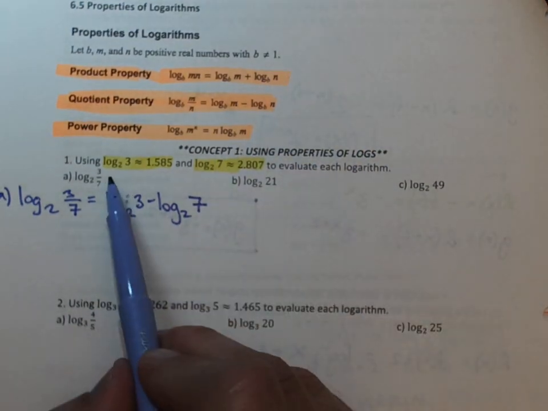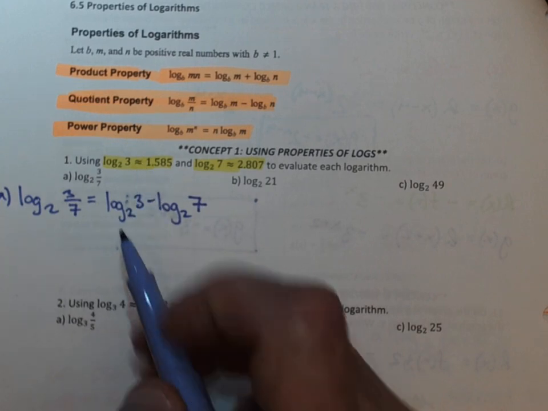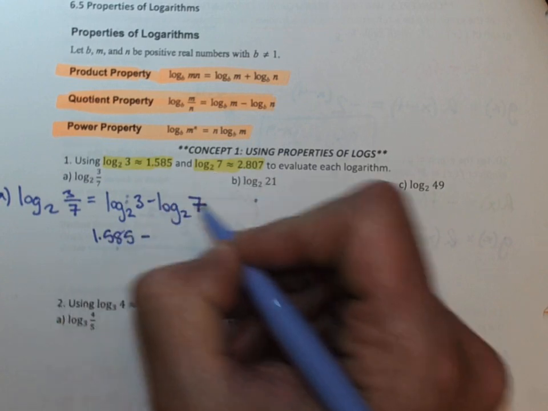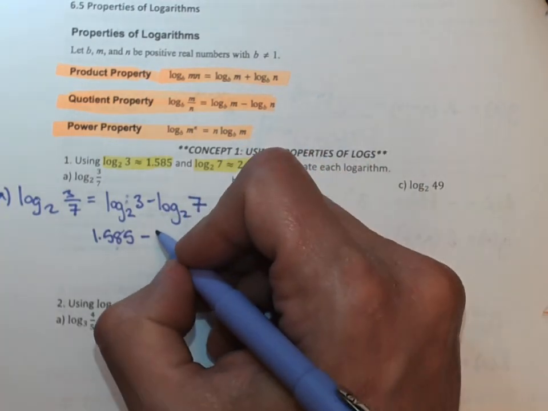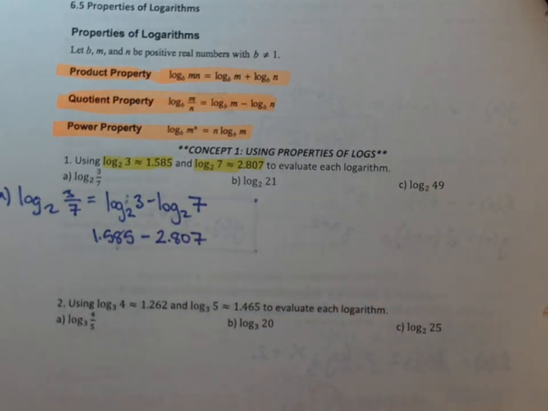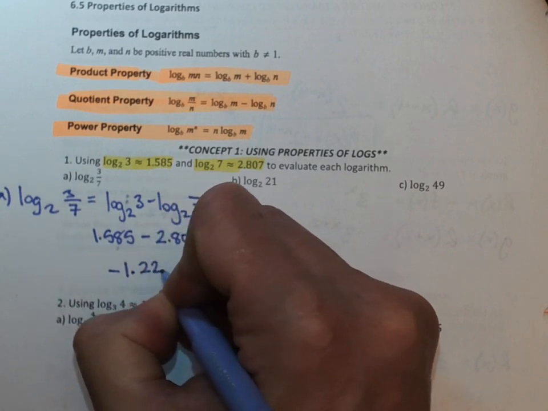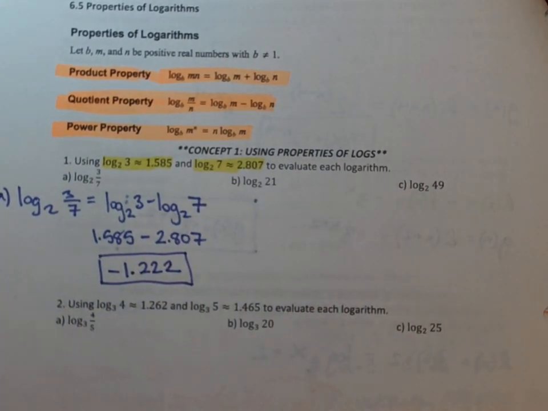And look, we've got log base 2 of 3 right there, and that's really what I'm just going to substitute in for, 1.585. And I've got log base 2 of 7 right there, given to us, and I'm going to substitute that for 2.807. And I am just going to go ahead and simplify that, and my answer is negative 1.222. And voila, we took that log base 2 of 3/7 and we simplified.